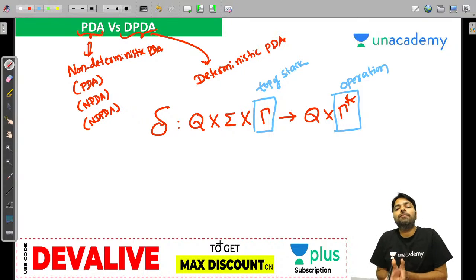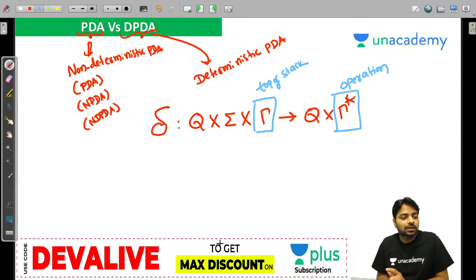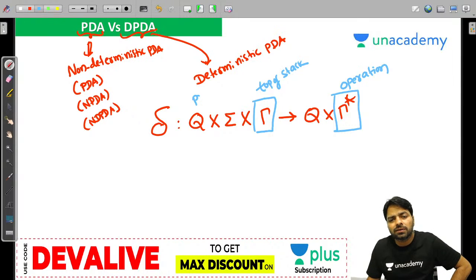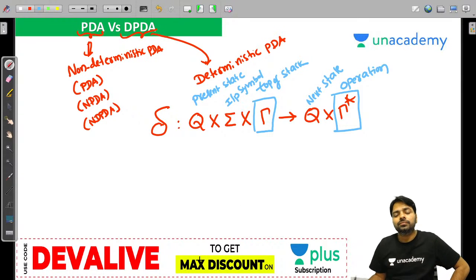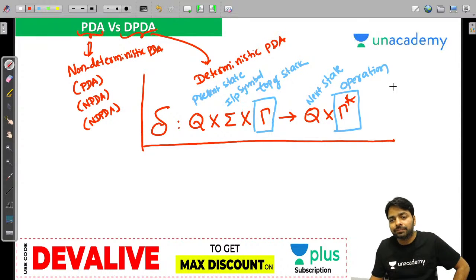Gamma is the set of stack symbols, remember, and Q represents the present state. When you are writing any transition, present states belong to Q, input symbols belong to sigma, and the next state also belongs to Q. This is about deterministic PDA, DPDA, guys.